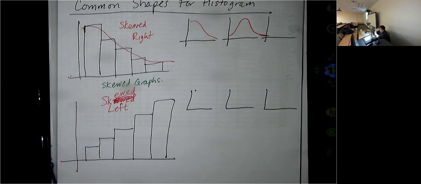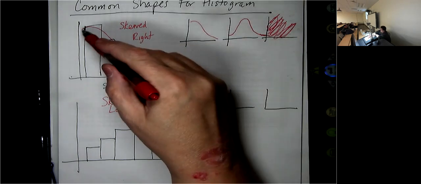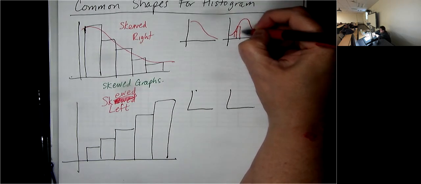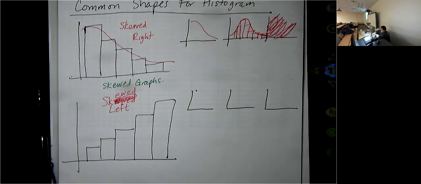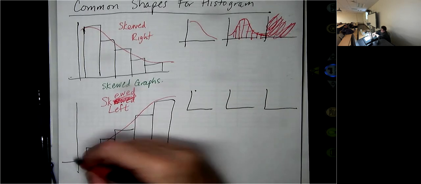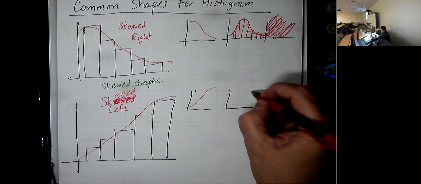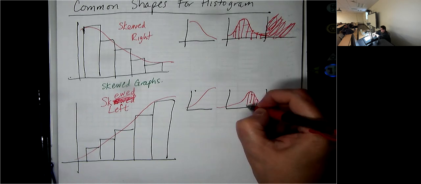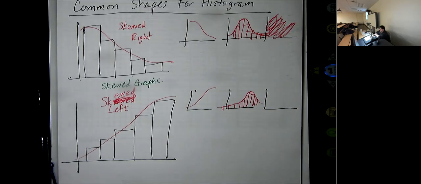And we've got ones where the hump's in the middle. So I guess I didn't need that third one after all. It can either be that the largest thing is on the left, or like this one where there are some small boxes, it gets large, and then we've got a lot of short ones going to the right. This one went like that. But it could go like this, with just a couple tall ones on the right, and most of the ones on the left are short. These are called skewed left.